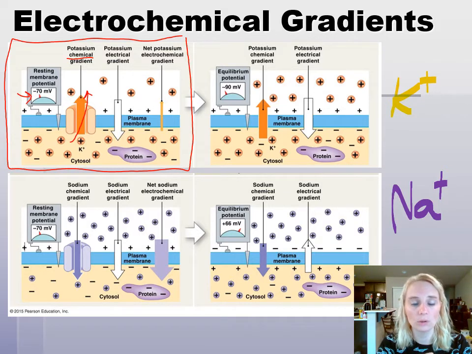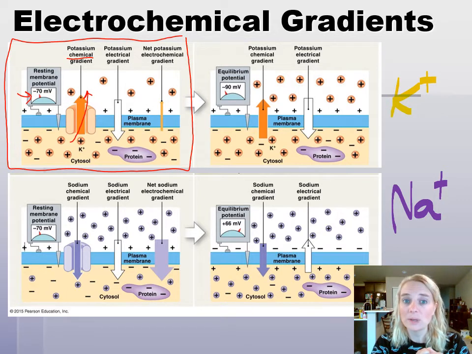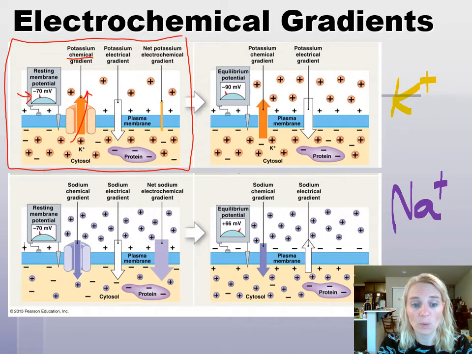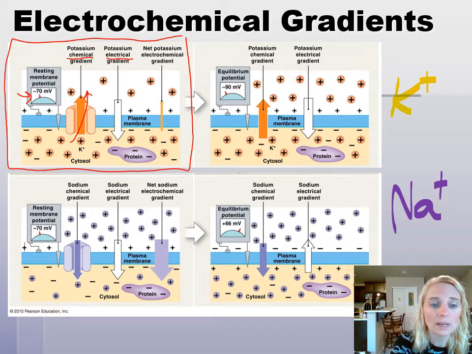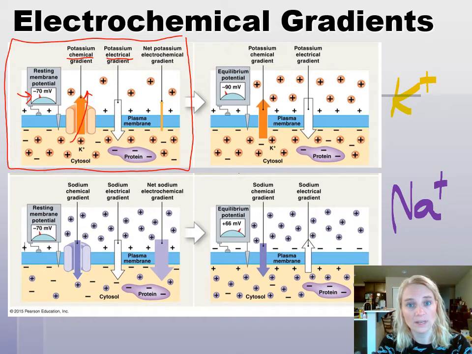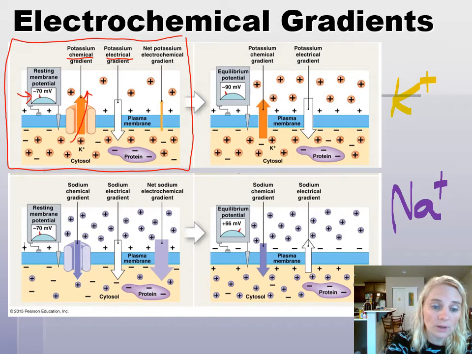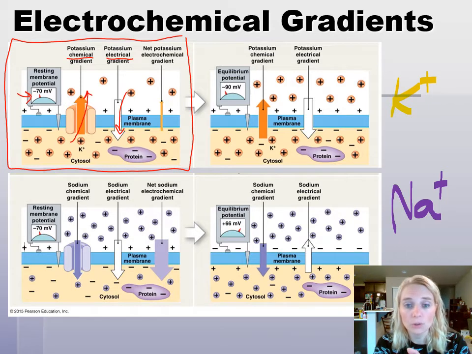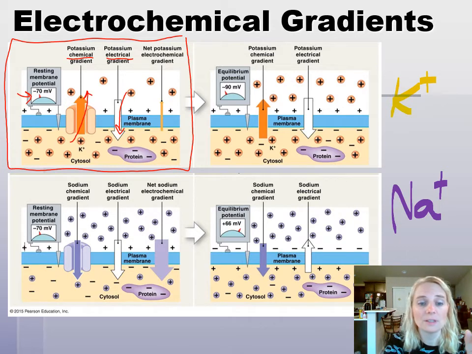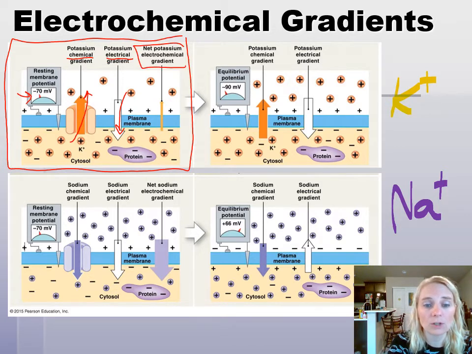That's the chemical gradient. But because it's charged, and I set up the difference in charges of the membrane, the outside is more positive, the inside is more negative. Because potassium is a positively charged ion, its electrical gradient wants it to go towards the negative charge, because we know opposites attract. So if we're just following the electrical gradient, potassium would move into the cell. But we have to see the net electrochemical gradient.